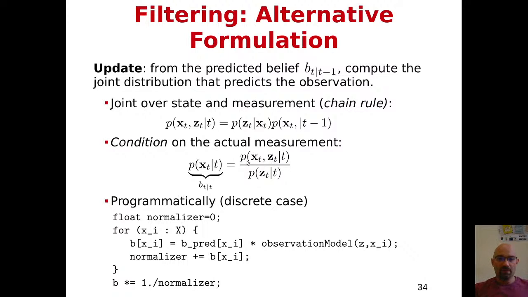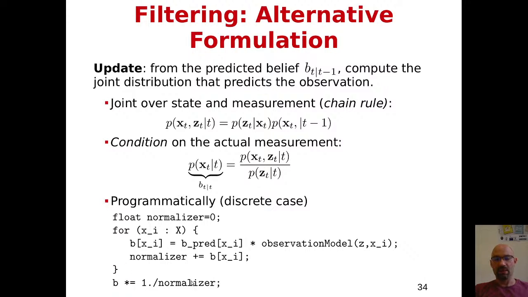And so if we implement this simplistic thing, we could just write that you alter the probability of each possible state by considering its probability before integrating the measurement, and you multiply this probability by the actual probability of performing that measurement given the particular state, xi.